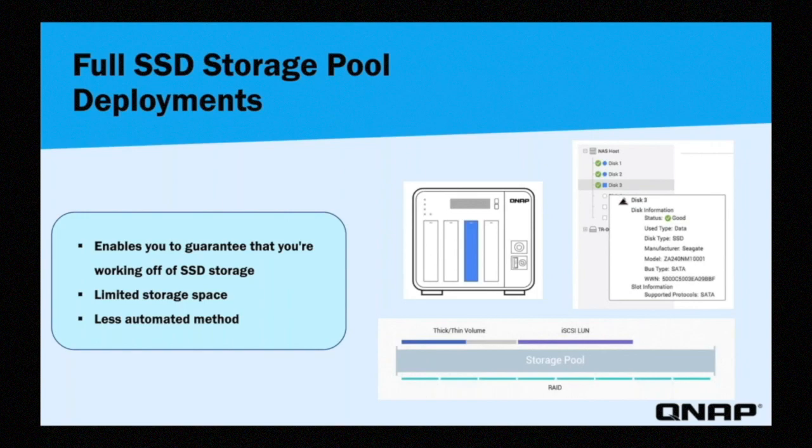And the final option for setting up a hybrid HDD SSD QNAP NAS is to just have the SSD storage set up as an entirely separate storage pool with its own volumes. In this case, whenever you're working with files on the SSD volume, you know that you're using SSD storage the entire time from start to finish.